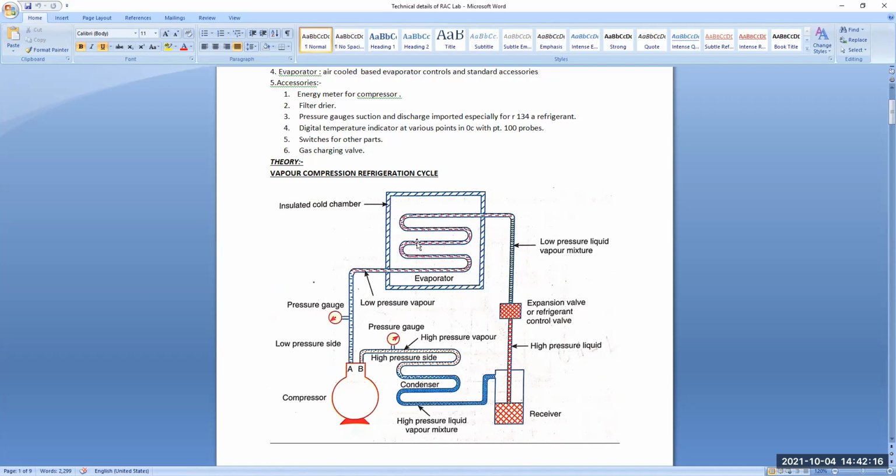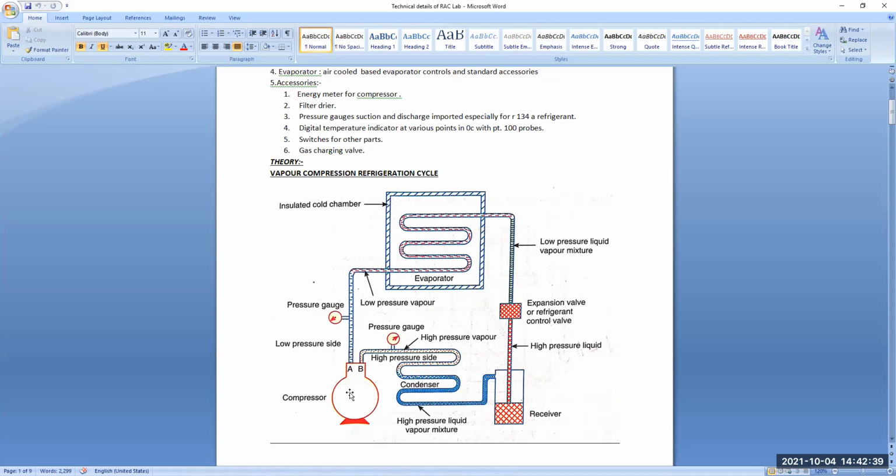Throughout this evaporator system, we have a coil of refrigerant where it is being evaporated, and at the outlet it is supposed to be in a totally vaporous condition. So when it comes through the low pressure side and goes inside the compressor, it is in a vaporized state.